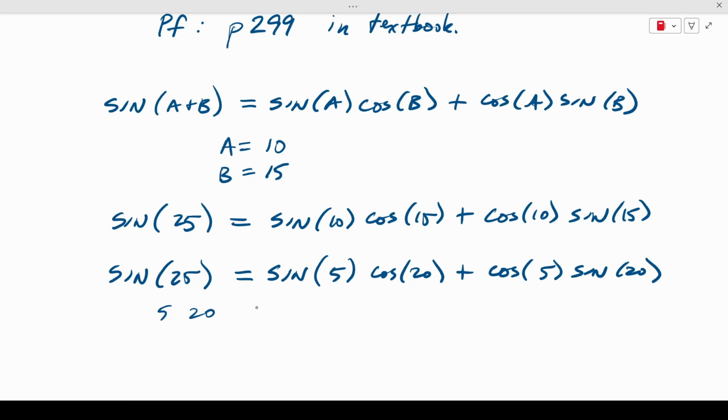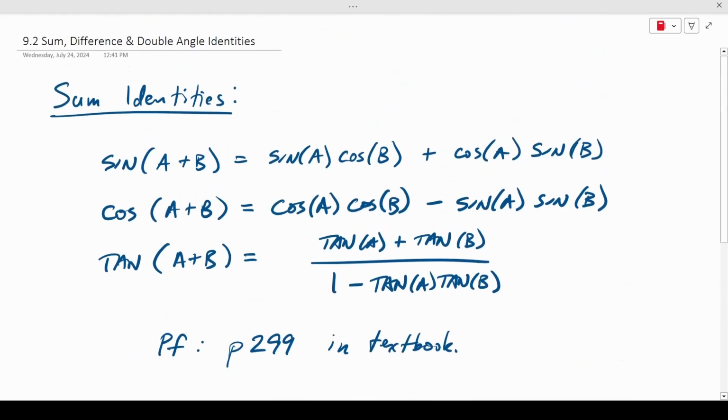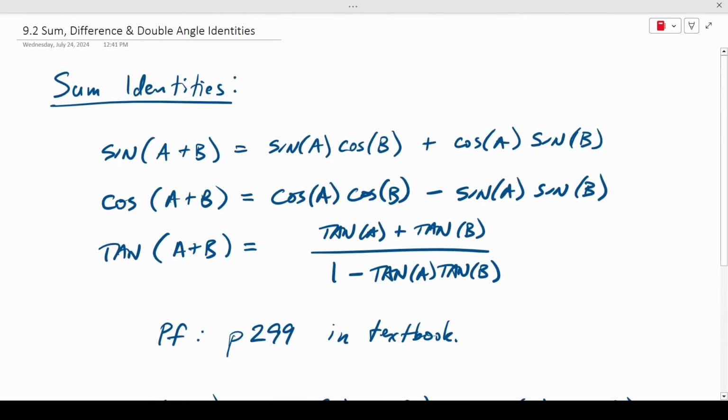I just want to make sure you're clear on what it's actually saying here, that two numbers added together make the argument on the inside of sine, and then each of those separately get put into these different places to make the identity. All right, so those are the sum identities.